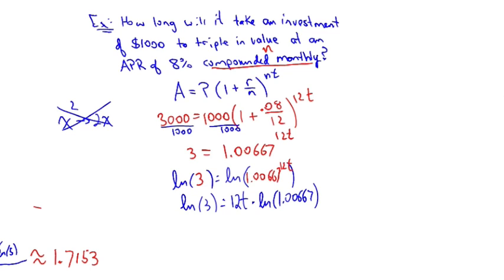Okay, now what? You divide by 1.00667? That doesn't work. When you look at this, what's the number? It's like the square root of 2, which is irrational.